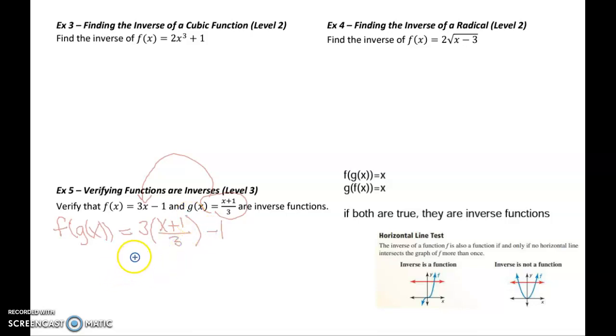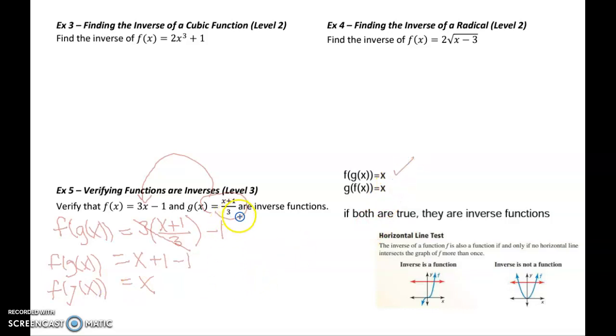So this 3 and this 3 will cancel each other out, and we have x plus 1 minus 1, so we get x. So f of g of x equals x. So the first one in this example is good.